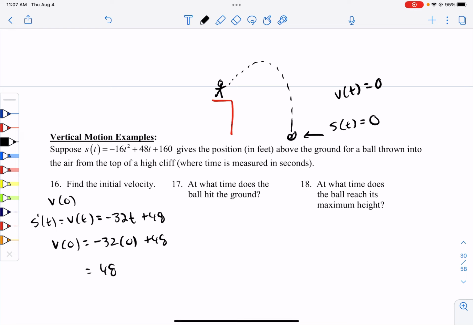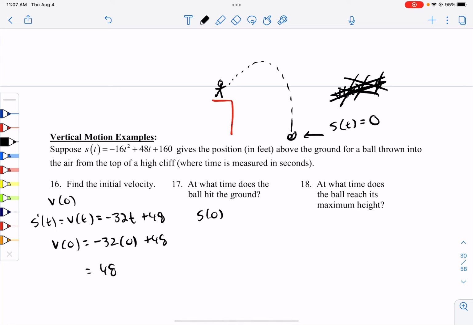That's a wrong argument, okay? When it hits the ground, it has speed. After it hits the ground, its velocity might be 0, unless it's penetrating the ground. But when the ball hits the ground, it is traveling at a speed. So please don't tell me that that is when the velocity is 0. It's when the position is 0.